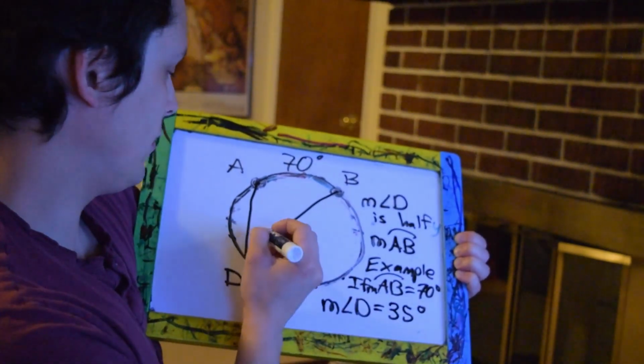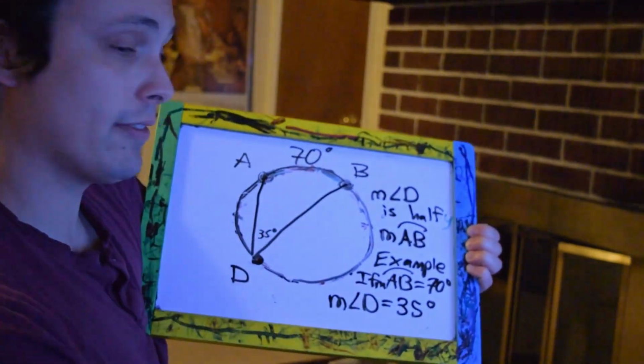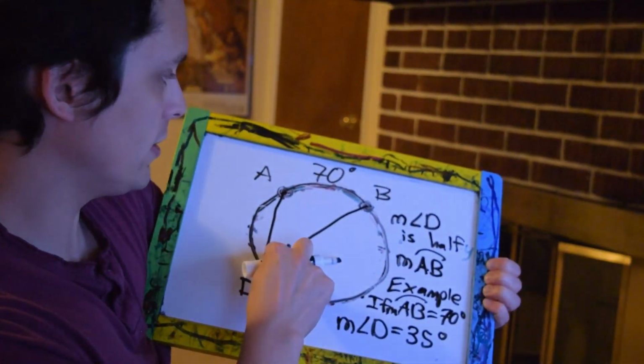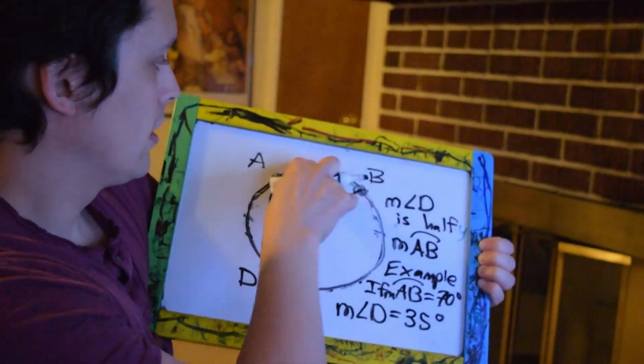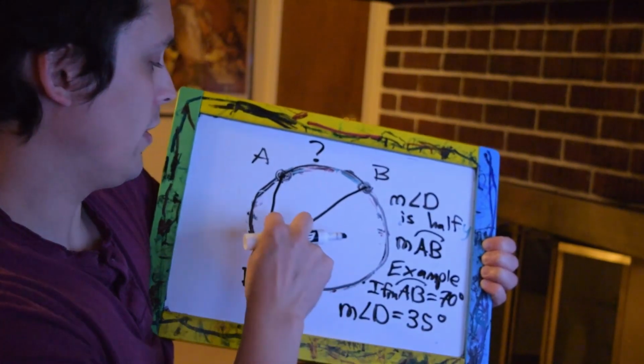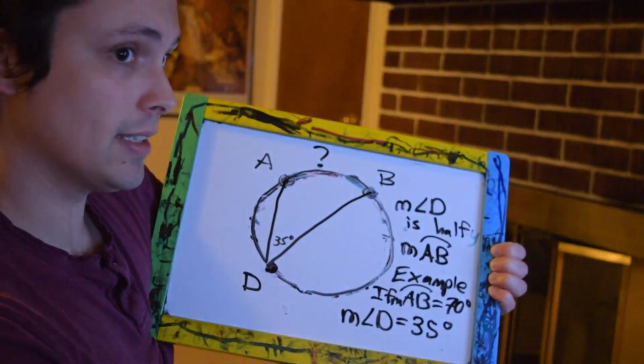It would be 35 degrees because it would be half of that. We could have also reversed this problem. If we had that this was 35 degrees and the question was, what is that? That would have to be 70 degrees.